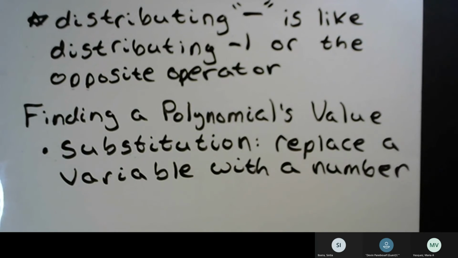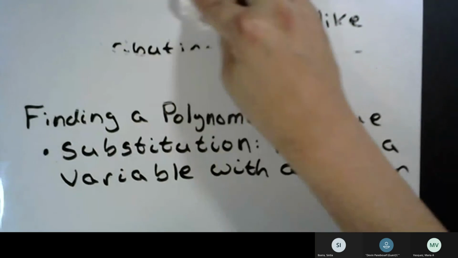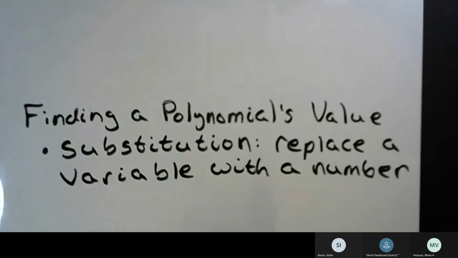Now, when we replace this variable, we're going to replace it everywhere in the polynomial. And then we just do the arithmetic to figure out the value of the polynomial at that value for the variable. So the value of the polynomial will change depending on what we let the variable be.